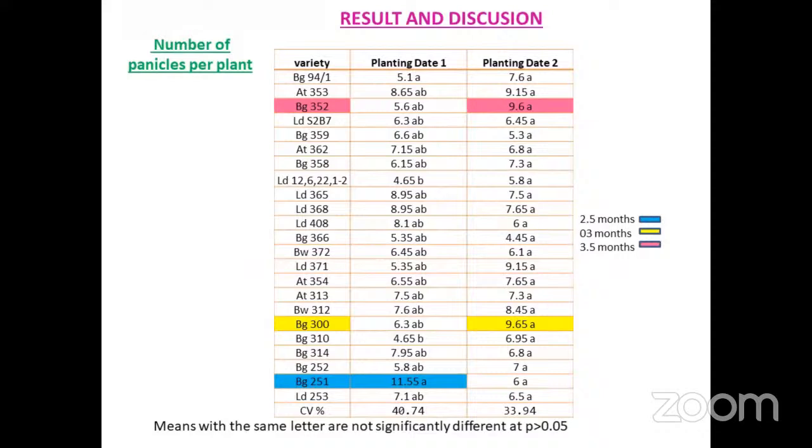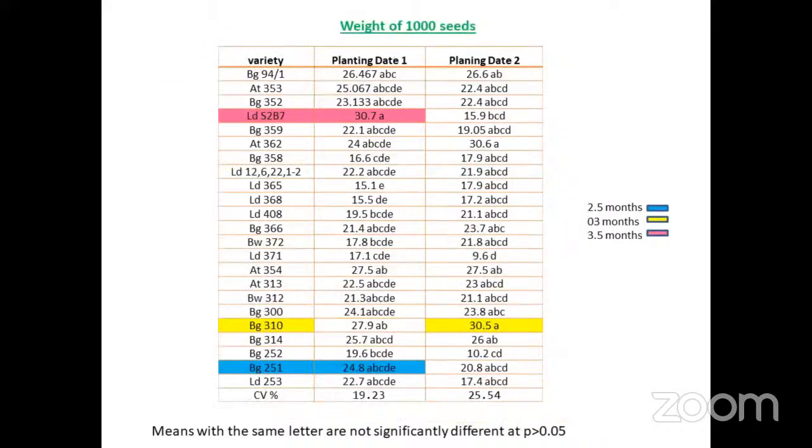Results and discussion. Number of panicles per plant. The significantly highest number of panicles per plant were recorded in BG 251, BG 300 and BG 352 among the 2.5 months, 3 months and 3.5 months rice varieties respectively. The significantly highest values are shown in blue, yellow and pink color respectively. Weight of 1000 seeds.